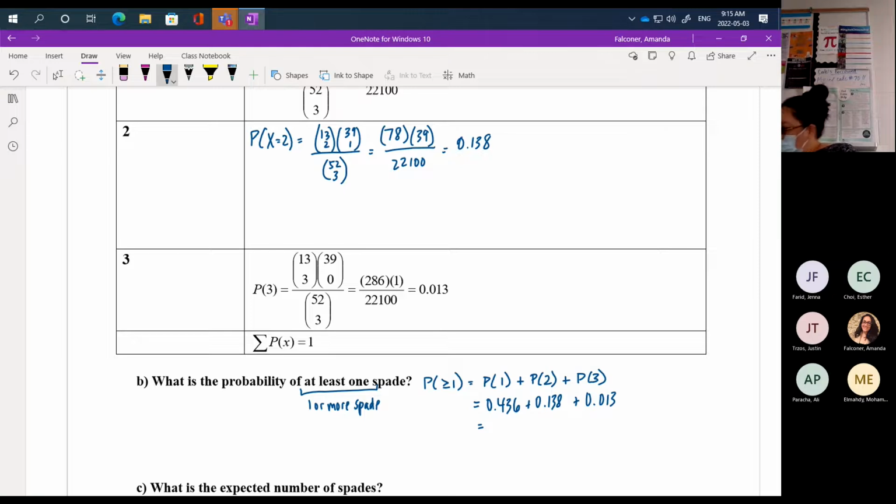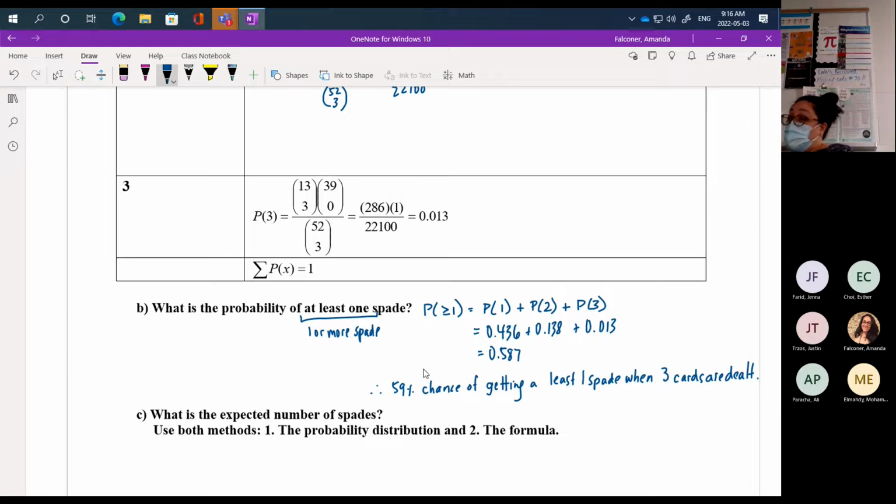When we add those guys up, we get our answer of 59%. Okay, and that's when 3 cards are dealt.